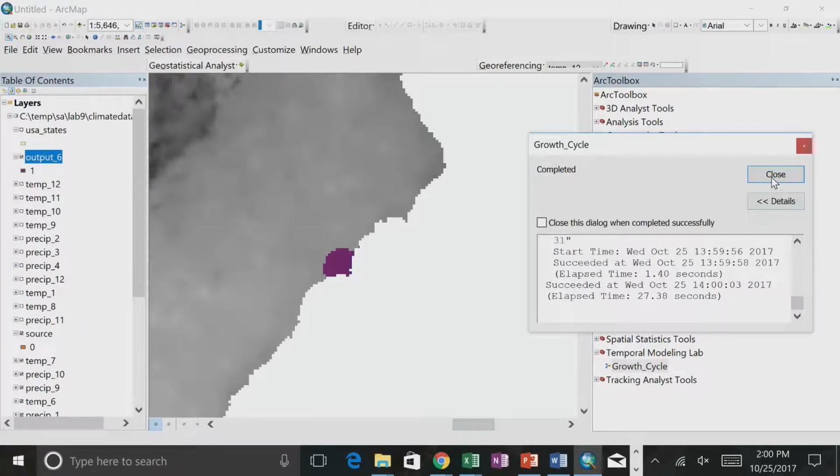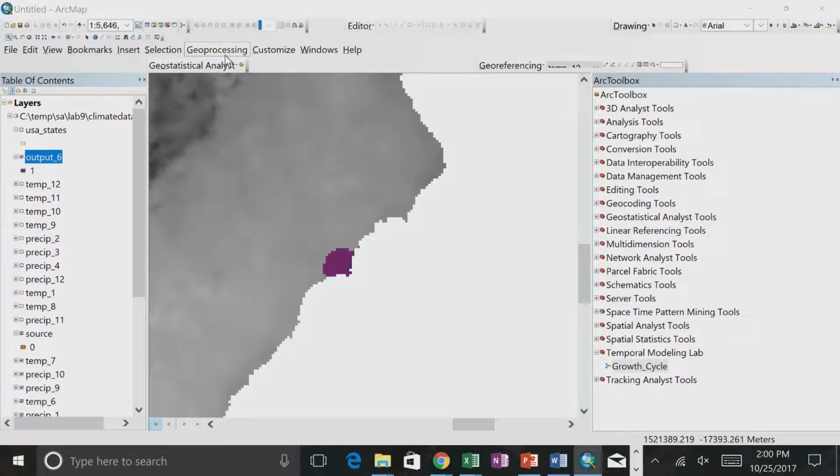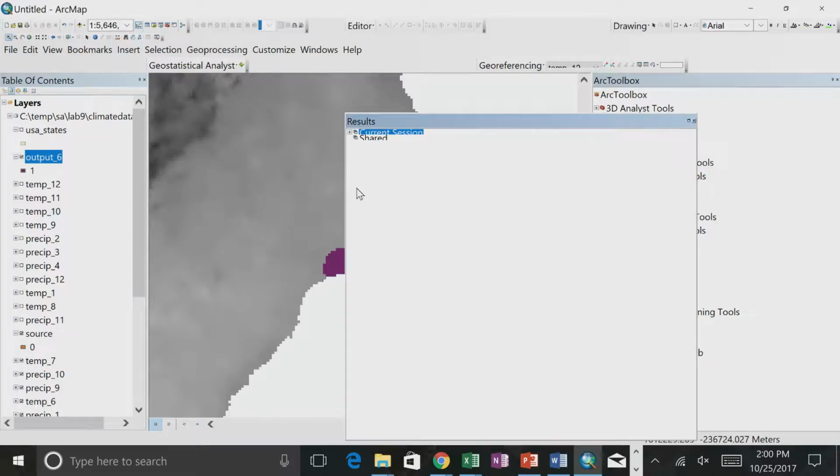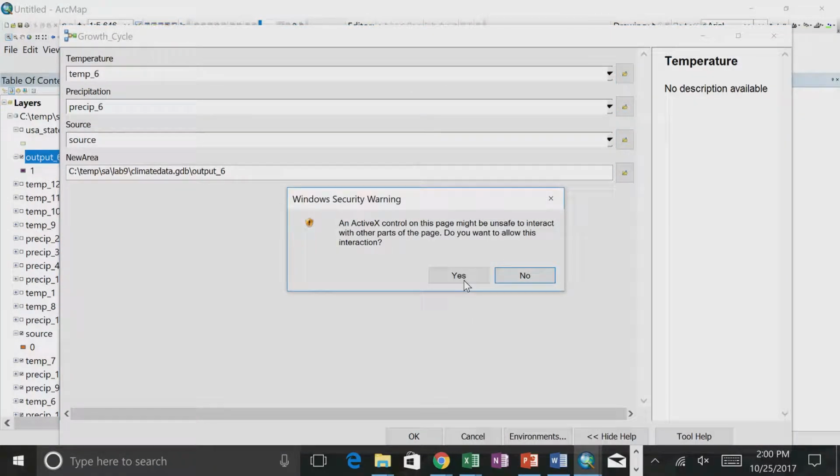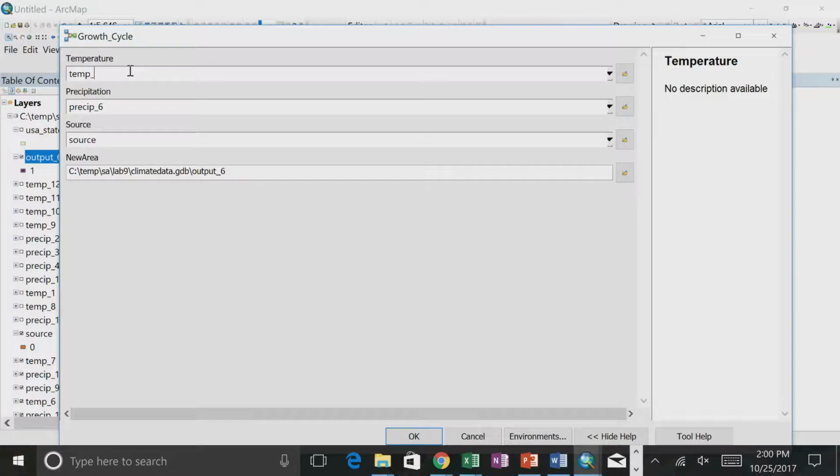Now, if we wanted to, we could go into geoprocessing, results, and rerun it again. Seven. And change this to 7. See that? Why did I just change all those to 7?